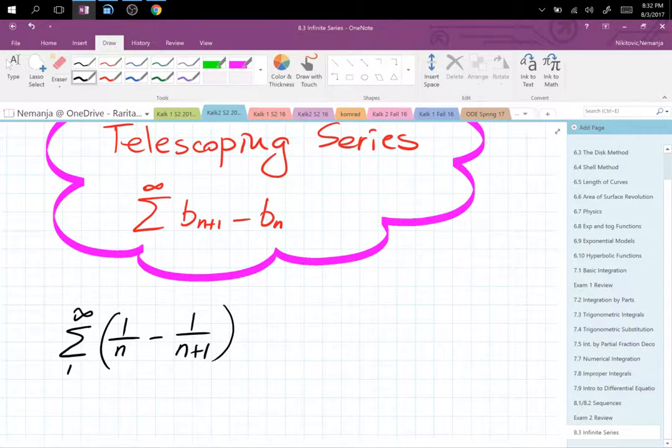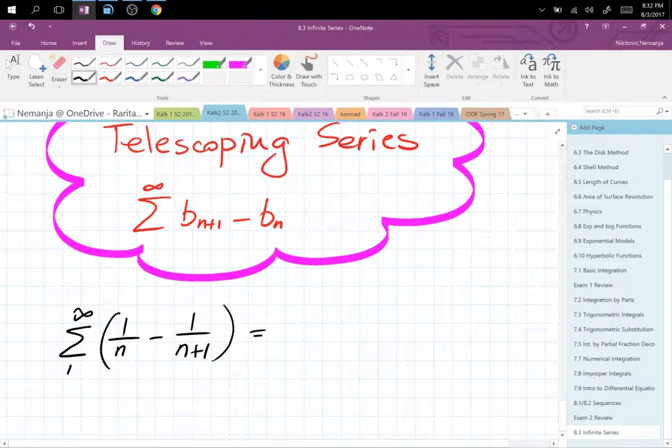You remember how for improper integrals, when you had infinity, you replaced that infinity by a finite number b, you solved the problem, you plugged in b, and then you took the limit as b goes to infinity, right? We're going to do the same thing here. We are going to add infinitely many numbers, so I'm going to plug in a bunch of these. And then for the tail end, where I'm plugging in k's for n's, I'm going to take k to infinity in the limit to find the final answer.